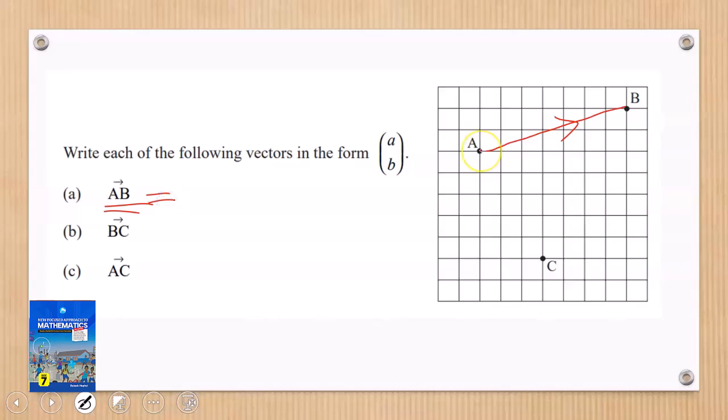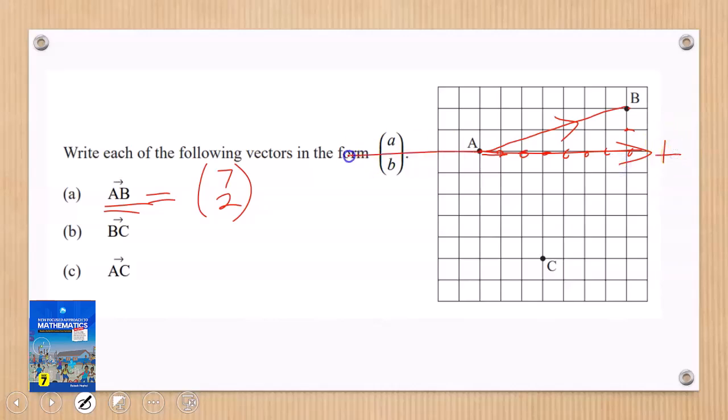So from A on the x-axis, I move 1, 2, 3, 4, 5, 6, 7. Then I move upwards 1, 2, so that I have 7 on the x-axis, 2 on the y-axis. The 2 is positive because I move upwards. The 7 is positive because I move towards the positive side of the x-axis.